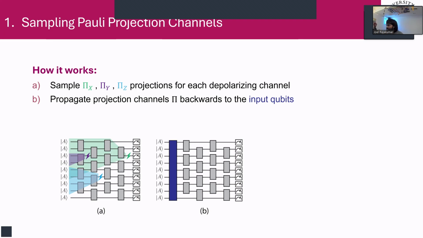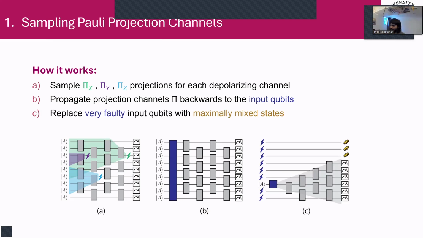This single qubit X projector may turn into a very complicated high weight Pauli projection channel. But you have many of them, and the longer depth you go, the more channels you're going to have.